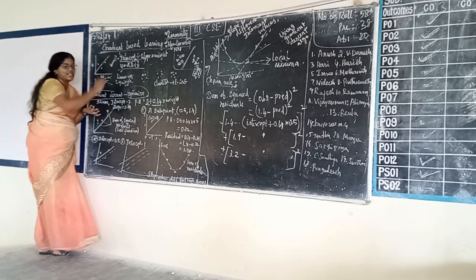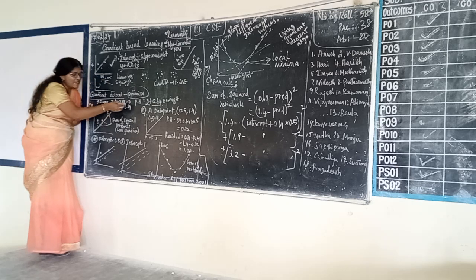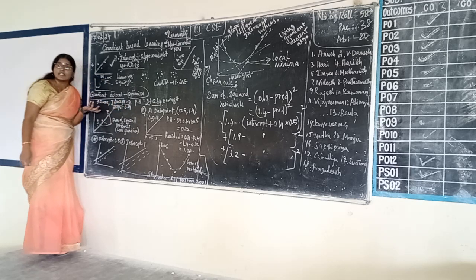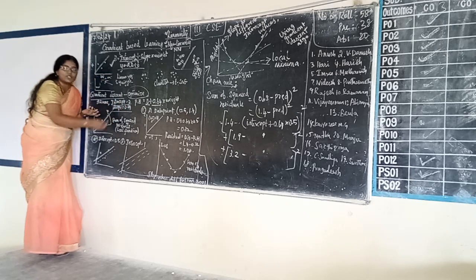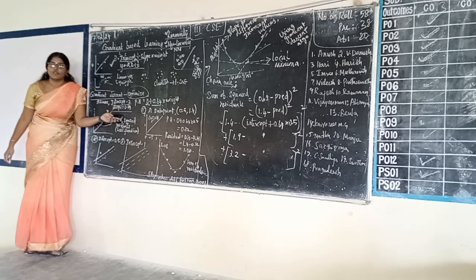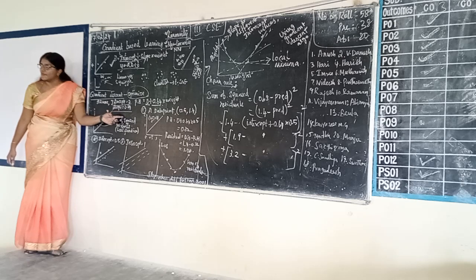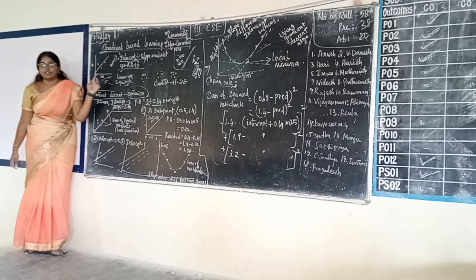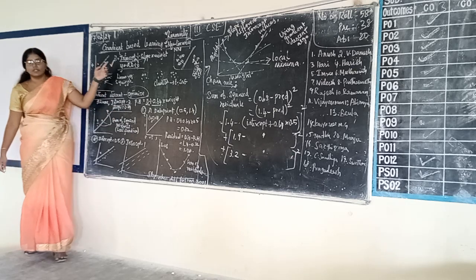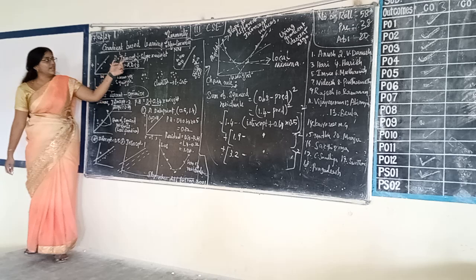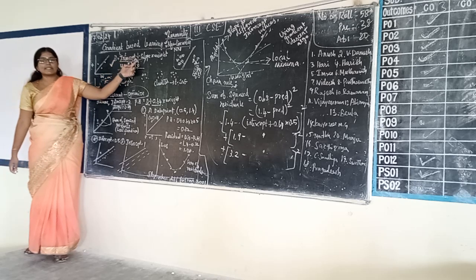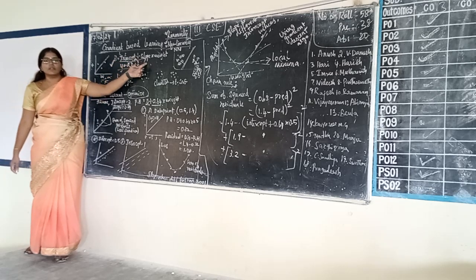Assume first the intercept is equal to 0 and the slope is equal to the value of 0.64, okay? Intercept is equal to 0 and slope is equal to 0.64. Slope into weight.